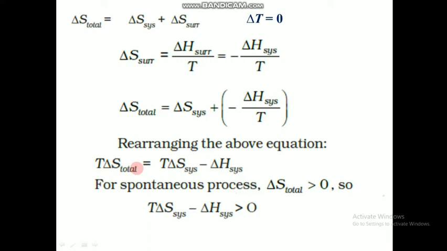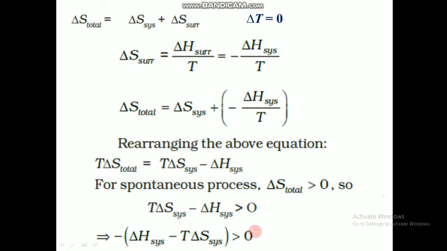So once this term is greater than 0, we can tell that T delta S system minus the answer for this term, which is T delta S system minus delta H system, is also greater than 0. So hence we can write, we are taking this negative outside. So hence we get negative of delta H system minus T delta S is greater than 0.